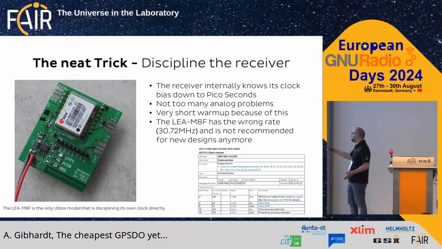For example, with the NAV-CLOCK message that has the so-called clock bias, that is a regularly updated value of the drift between the receiver's clock and the GPS clock in nanoseconds per second. Just null that value if you control it and you have synchronized your clock.